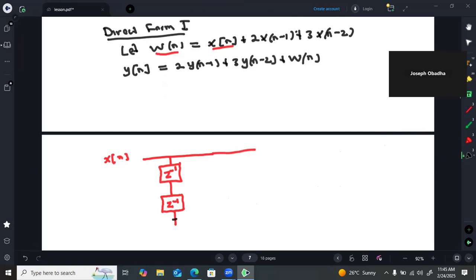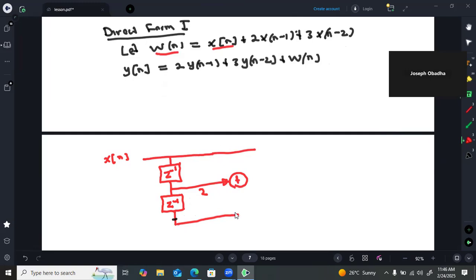So we are able now to tap our 2x of n minus 1 here, because here we have x of n minus 1, but we need to multiply it by 2. So what I need to do is simply to write the multiplying factor here. Then at this point, we tap in the x of n minus 2, or the x delayed by 2 units. Then we need to sum those up by using a summer.